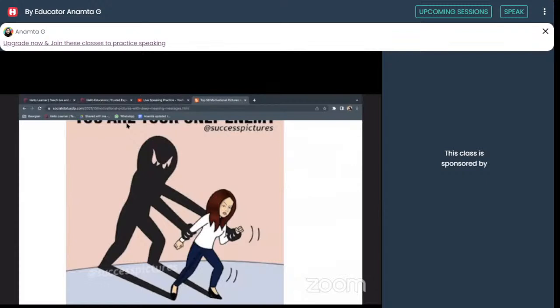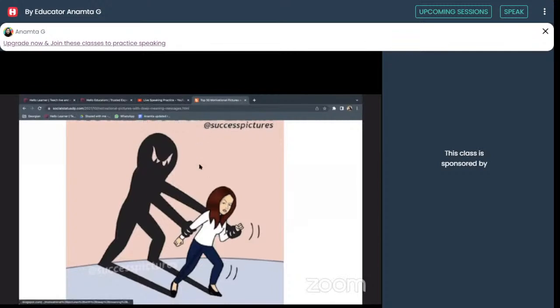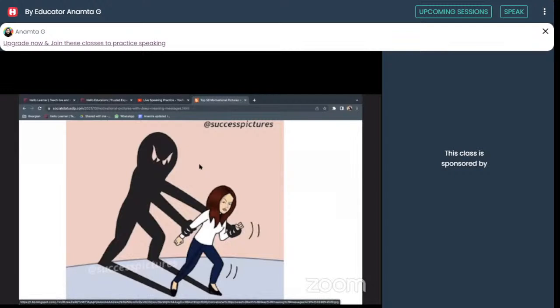So the title is "Ourselves is the biggest friend and devil of us." In this picture, we can see that there is a girl and something is stretching and catching her back.